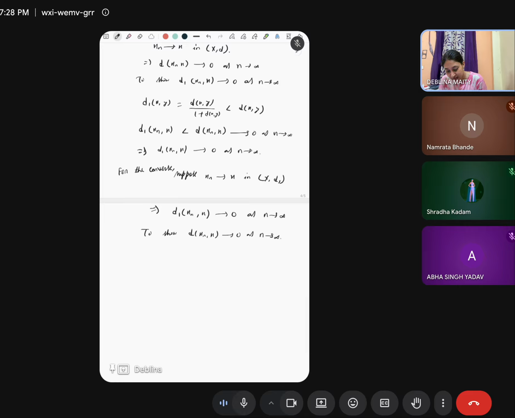Now, does it converge to 0 in the discrete metric? No, ma'am. Why? Because 0 is not included. 0 is included there. 0 belongs to R. 0 is there.